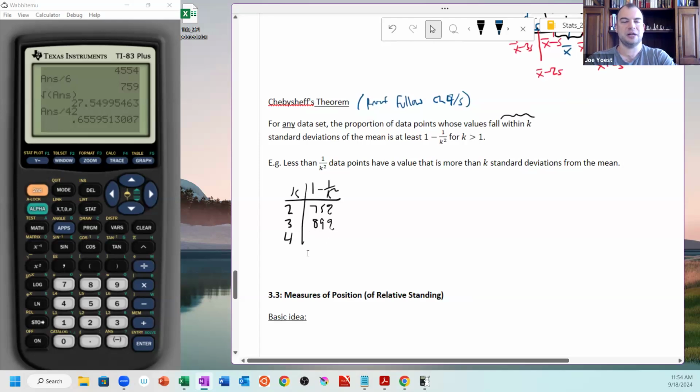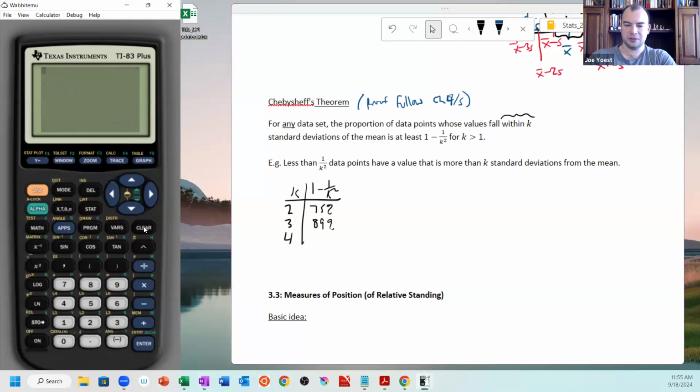But we can construct data sets that have only 89% of the data points within 3 standard deviations of the mean. And then for k equals 4, 1 minus 1 over 4 squared, 1 minus 1 over 16. Let's come over to the calculator and do this. So we have 1 minus 1 over 16, and that gives me 93.75%.